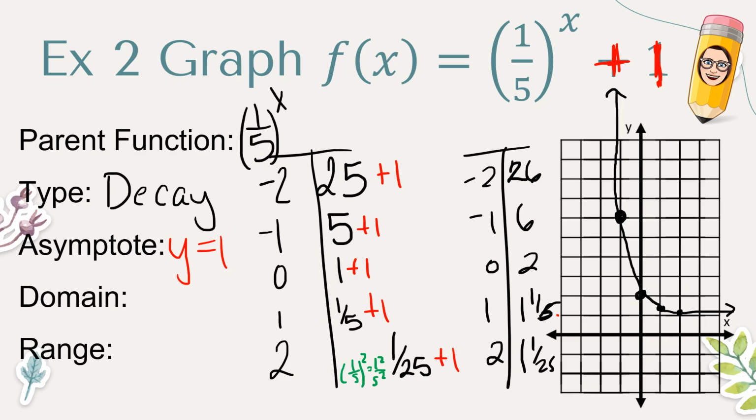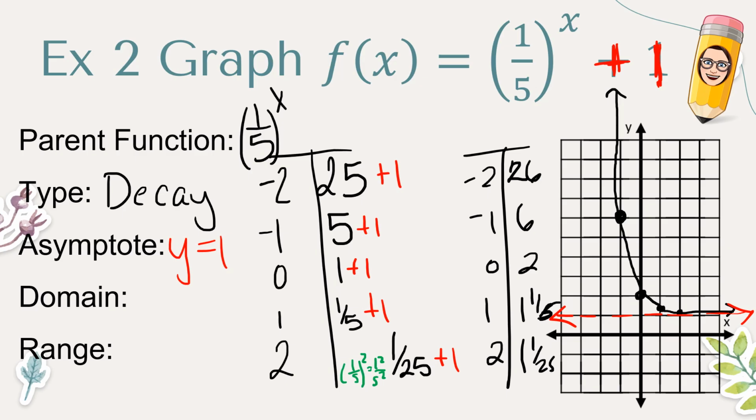Your vertical shift will always be your asymptote. Okay, you can rely on that. So that's something you could memorize. So notice how our starting point, our y-intercept, is at 2. And that doesn't really match what we see, right? Why? Because we shifted. Because of that shift, okay?